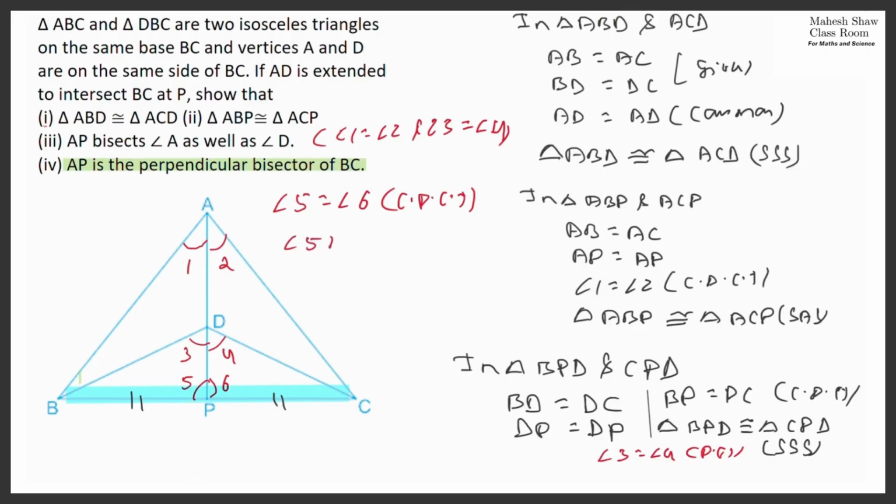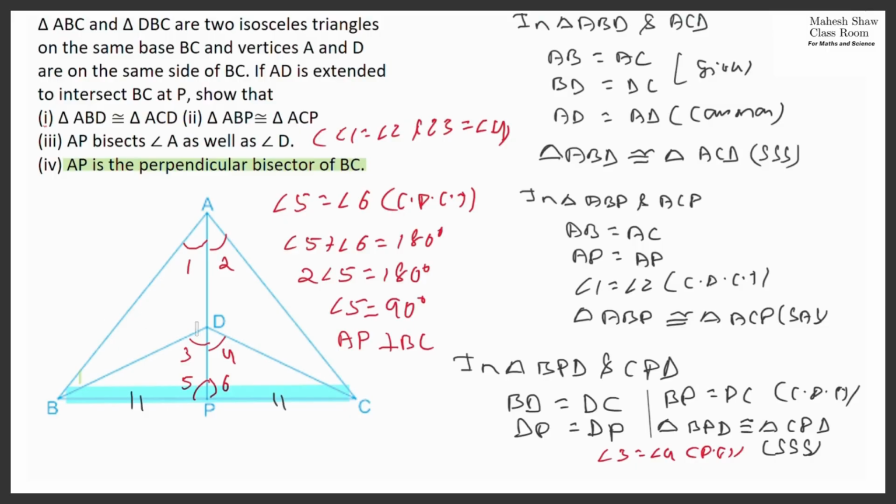So we'll be writing angle 5 plus angle 6 equals 180 degrees by linear pair. I can replace 6 with 5 as they are equal, so it is 5 plus 5, that is 2 times angle 5 equals 180 degrees. That implies angle 5 is equal to 90 degrees. So since this is 90 degrees, we can say that AP is perpendicular to BC.